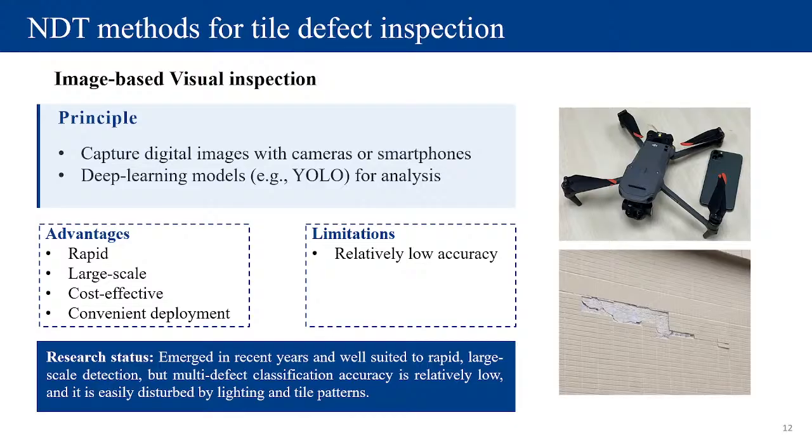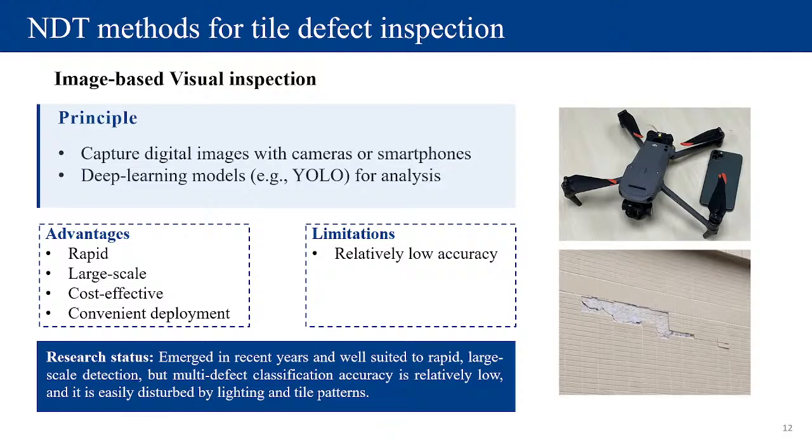And the third NDT method is image-based visual inspection, which captures digital images with cameras and smartphones and uses deep learning models for analysis. This method is suitable to detect surface defects, fracture-related defects, detachment, and joint defects.